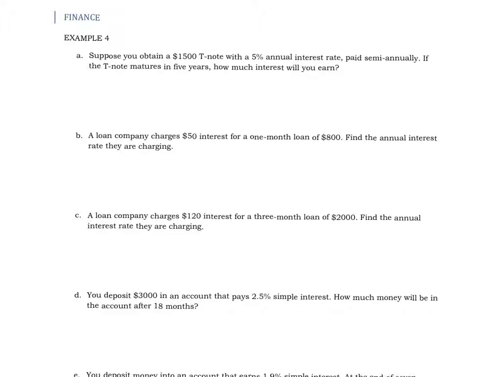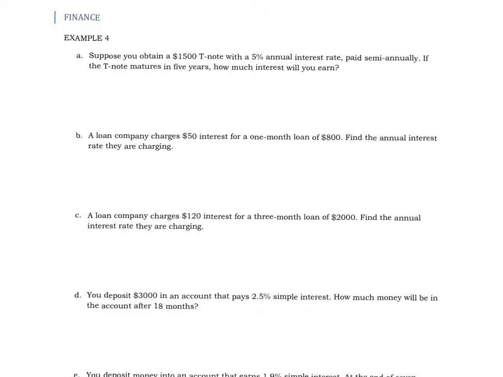All right, so let's take a look at some examples here. One of the things you're going to need to look for are some clues as to which formula to use. Again, not a big deal now. We only have the simple interest formula, but as we move on and start to acquire more and more formulas, you're going to have to pay attention to some of these cues. So for the first one, you obtain a $1,500 T-note with a 5% annual interest rate paid semi-annually.